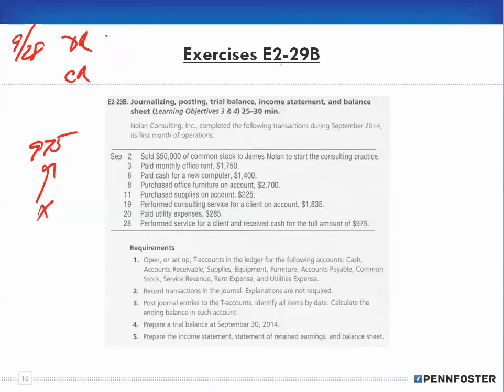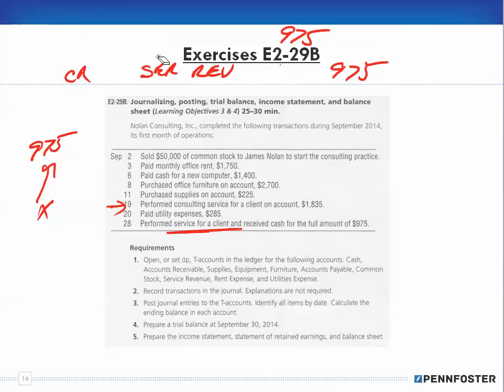So if my cash increases, that means I debit my cash for $975, and I have to credit something else. Well, what am I doing? I'm performing service for a client, which is very similar to the September 19th journal entry. So if I'm performing the service, that's going to be service revenue as my credit for $975, and that's that journal entry. Okay, so those are all of the journal entries.